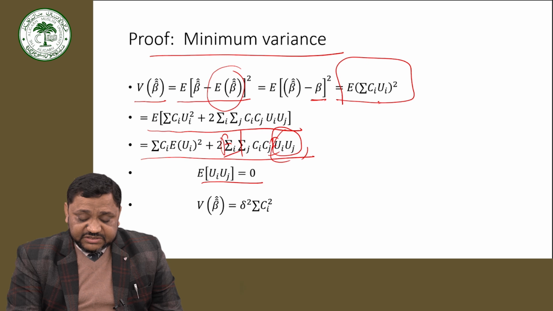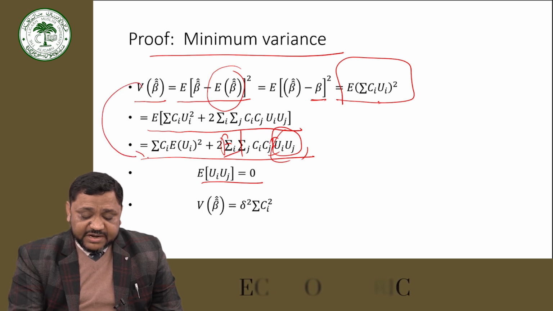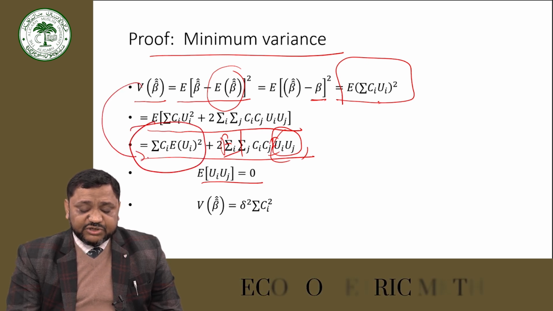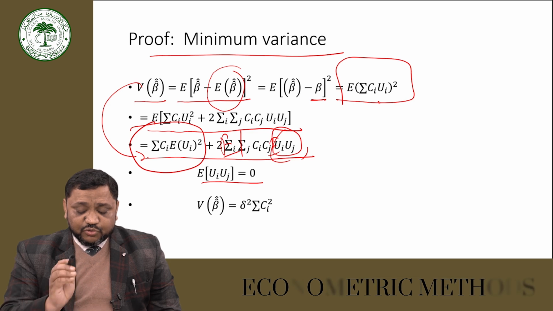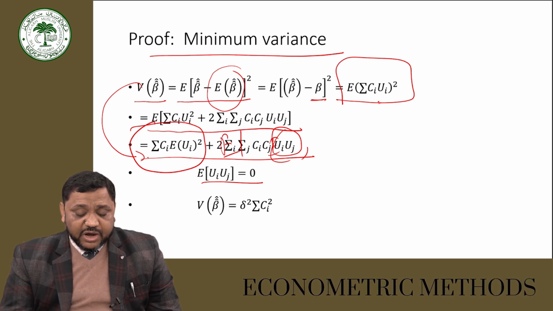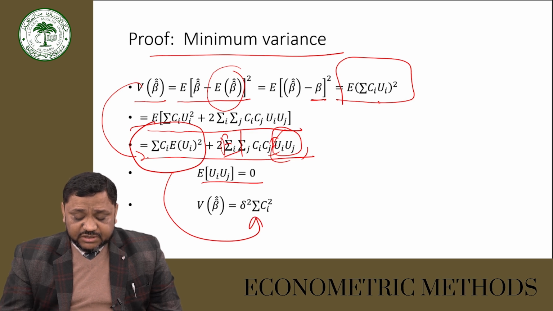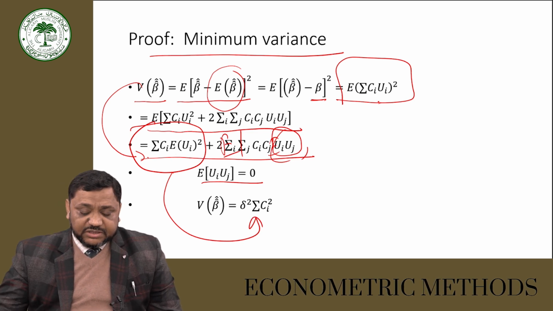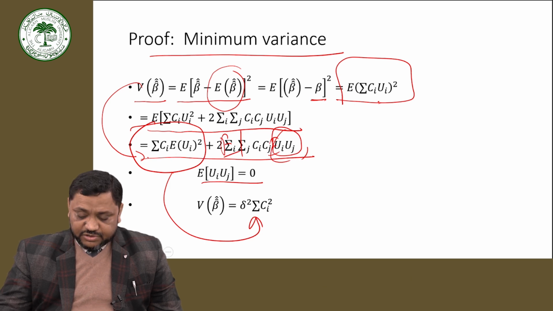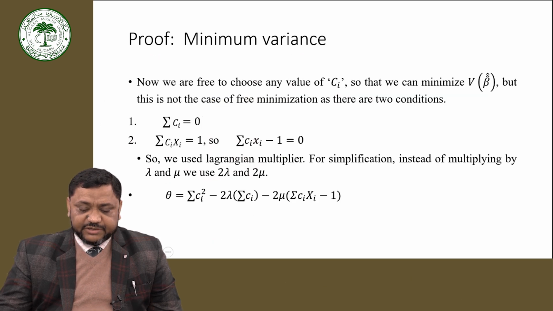What is left is the variance of beta double hat, equal to summation Ci square times the expected value of ui square. This can be written as sigma square summation Ci square. This is the variance of your new estimator beta double hat.